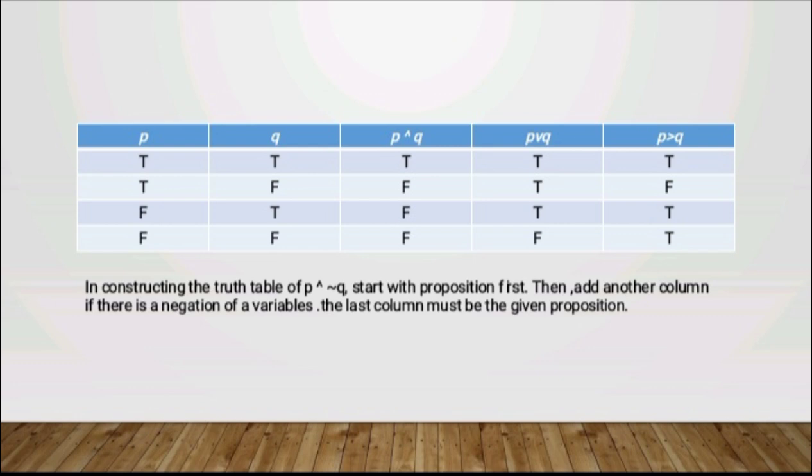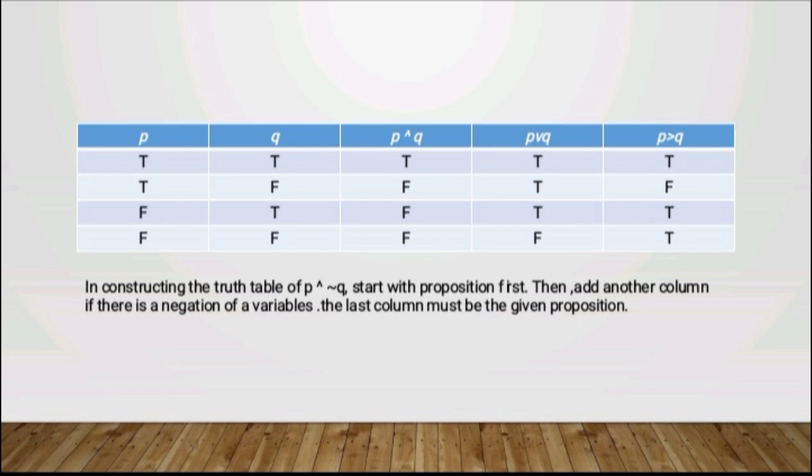In the last row, P is false and Q is false, P and Q is false, P or Q is false. In constructing the truth table of P and not Q, start with the propositions first, then add another column if there is a negation of a variable.